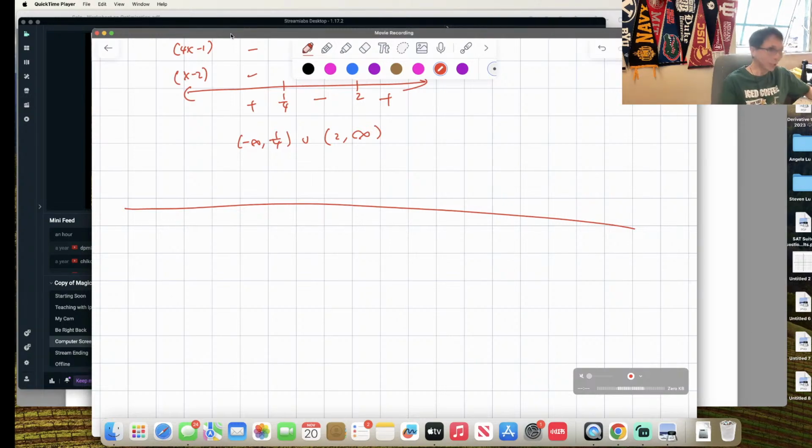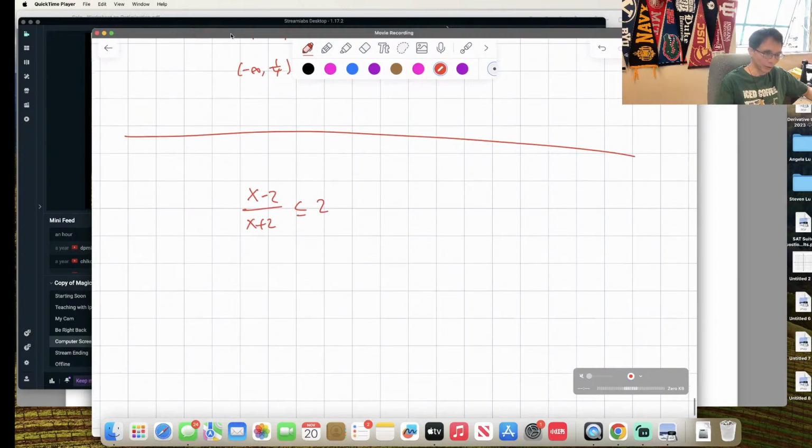Okay. All right. What was the question where I said you had to move the 2 over? Can you tell me the question? x minus 2 over x plus 2 is less than or equal to 2. Okay, so this is a good question. The only way to do a number line is to set them to become 0.